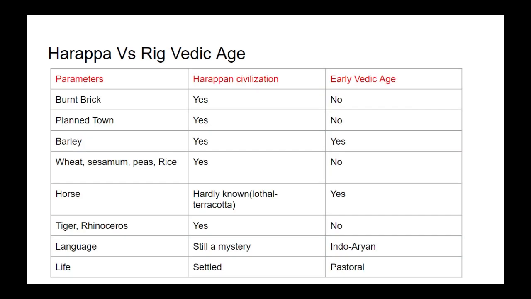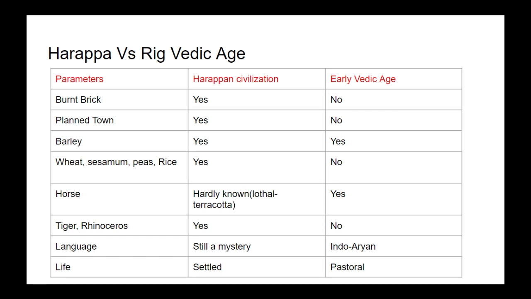Now, how were the Harappan people different from the Rigvedic people? Here are some parameters that show why Harappan people were different from Vedic people. In the Harappan civilization, we get burnt brick, but we did not get any burnt brick from the early Vedic age. Also, the Harappan civilization had planned towns, which were missing in the early Vedic age.